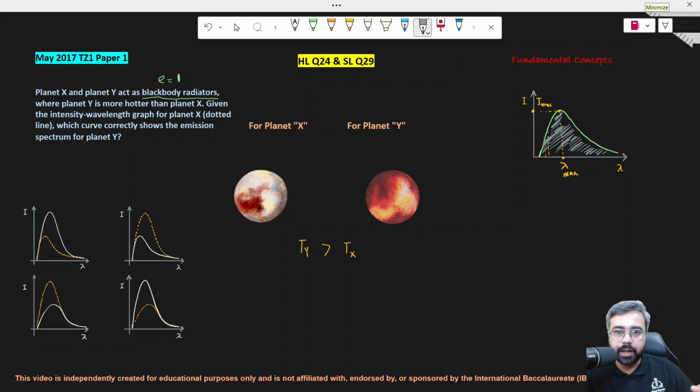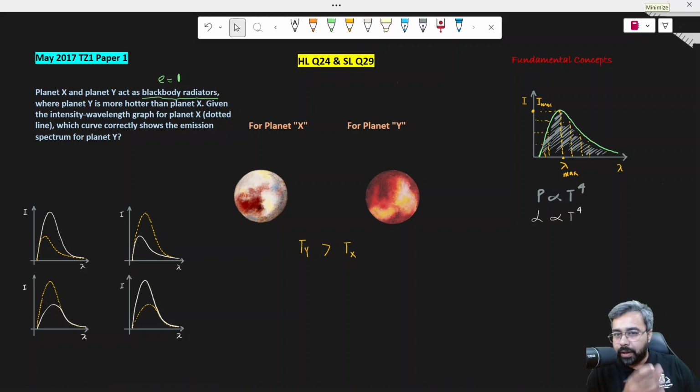So if one planet has a higher temperature, its area must be larger because it radiates more energy. We know that power is proportional to temperature raised to the power 4 according to the Stefan-Boltzmann law, or luminosity is proportional to T to the power 4.